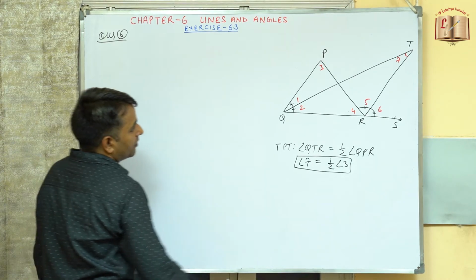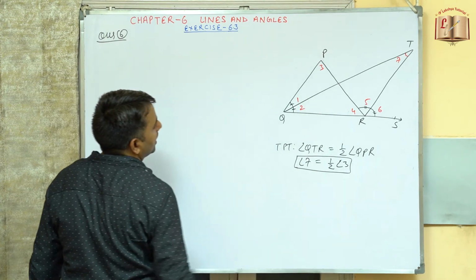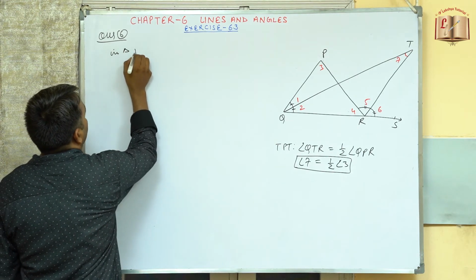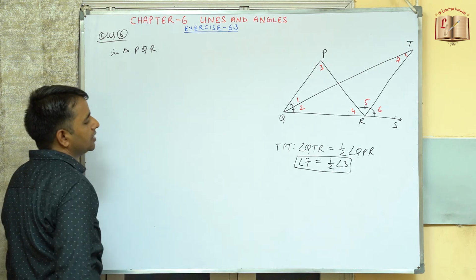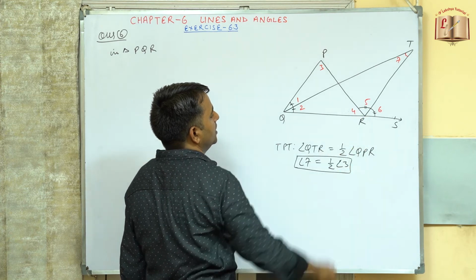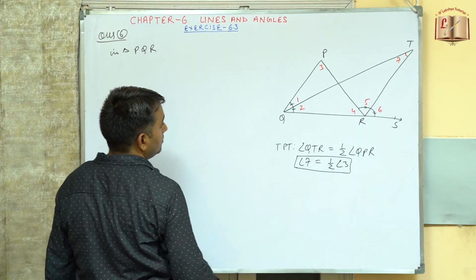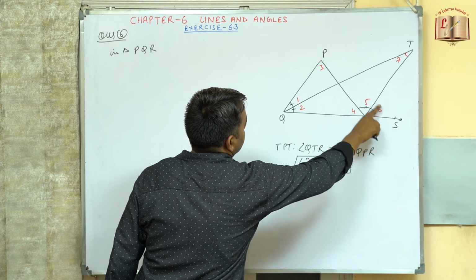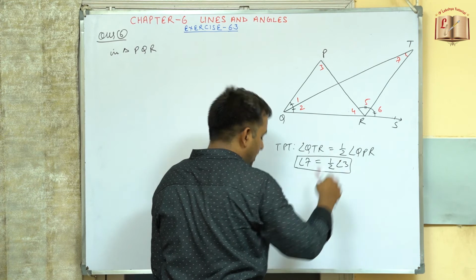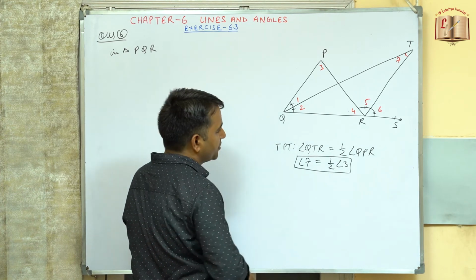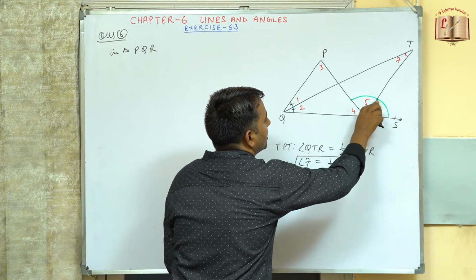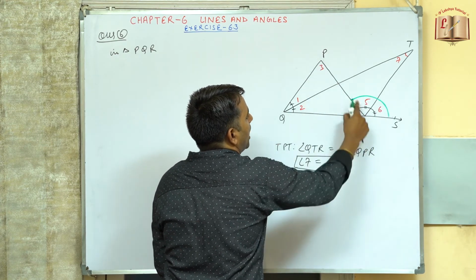Now in triangle PQR, angle 5 and angle 6 together make the complete exterior angle for this triangle PQR.